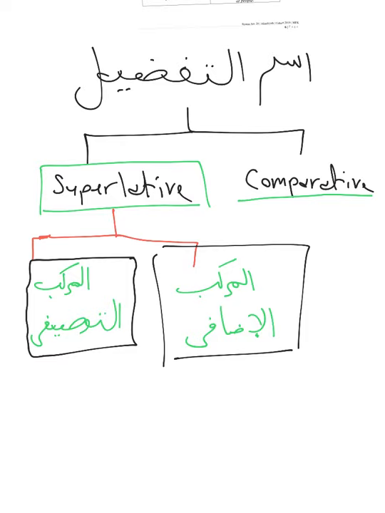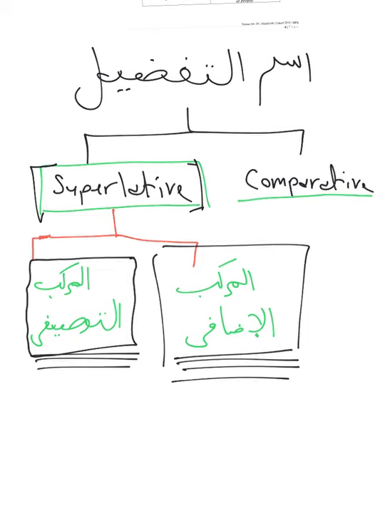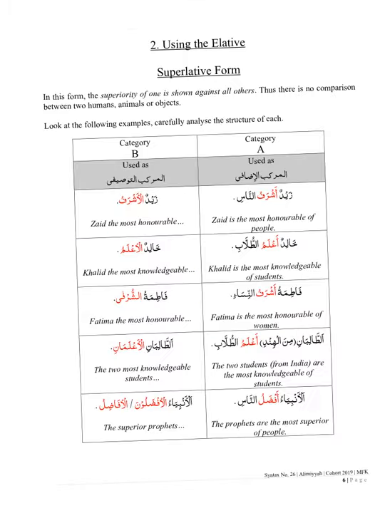Now once you've understood this, there's a bit of detail. It will either be coming as a mudaf mudaf ilay, so the ismu tafdil will be mudaf, or it will come as mawsuf sifa, where the ismu tafdil is the sifa.